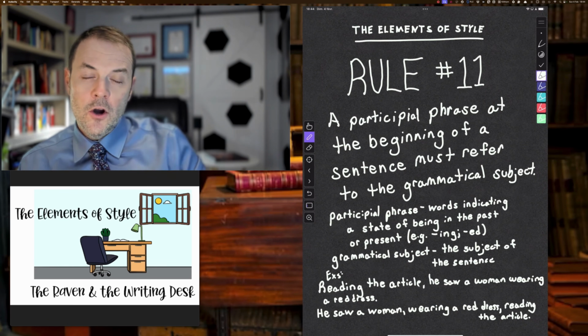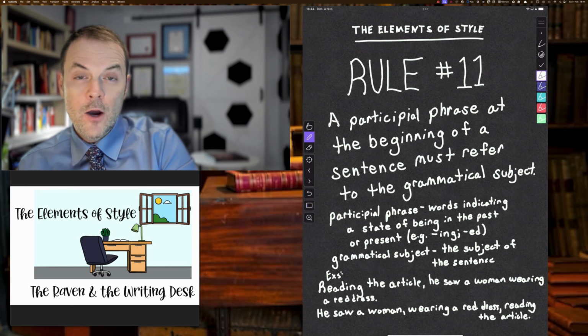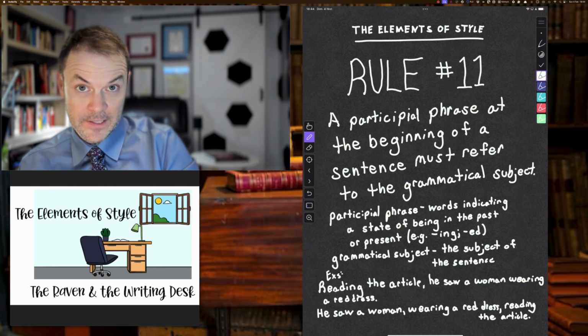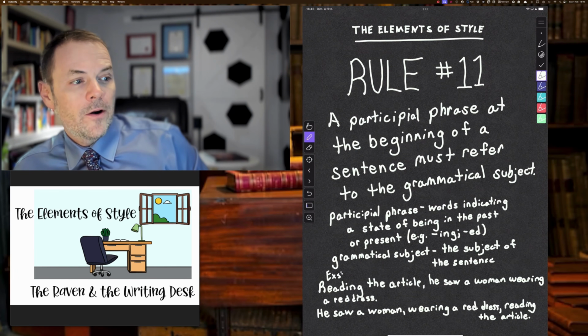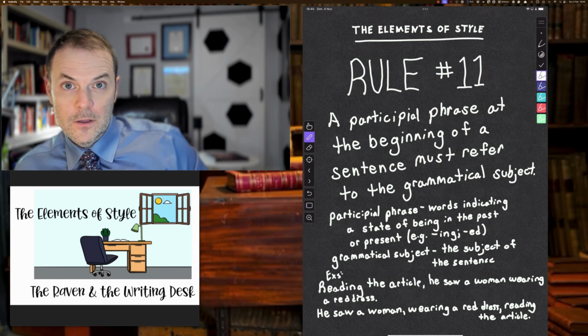Inadvertently, not all the words at the beginning of the sentence may agree with the subject as expressed later in the sentence. For example, reading the article, he saw a woman wearing a red dress, as opposed to he saw a woman wearing a red dress reading the article.